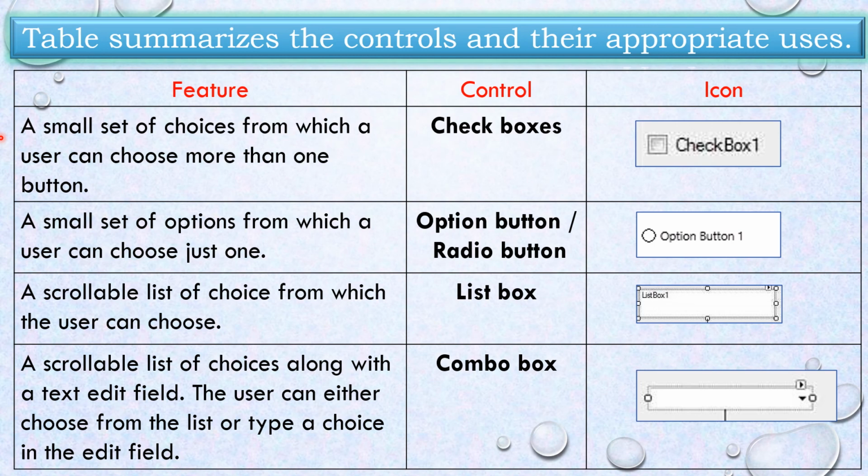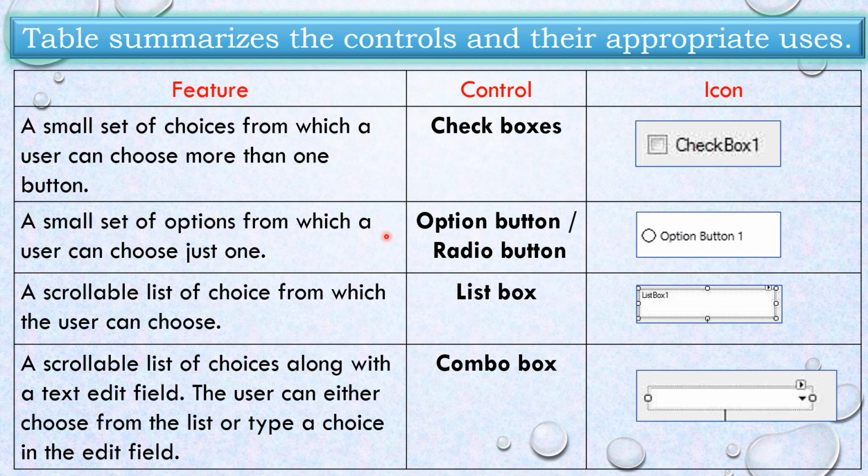First one, feature: a small set of choices from which a user can choose more than one. The control which is used for this feature is checkbox. And here you can see the icon.